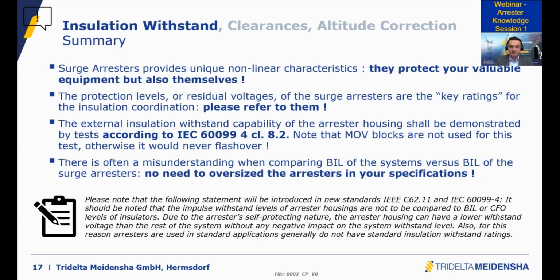Due to the arrester's self-protecting nature, the arrester housing can have a lower withstand voltage than the rest of the system without any negative impact on the system withstand voltage. Also, for these reasons, arresters used in standard applications generally don't have standard insulation withstand ratings.